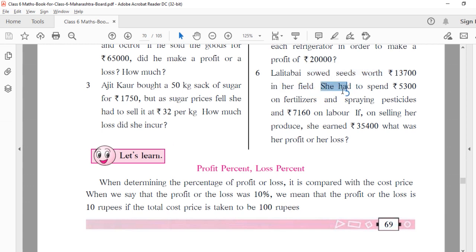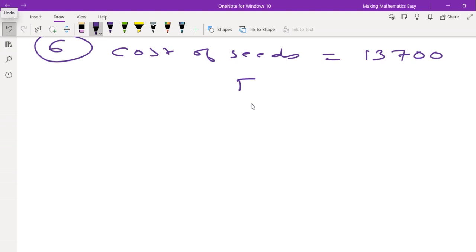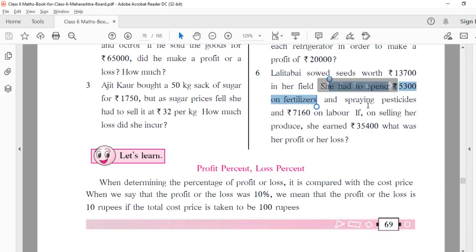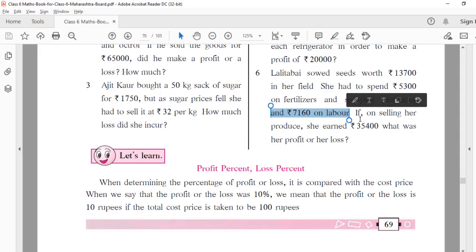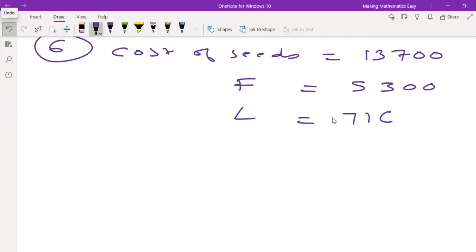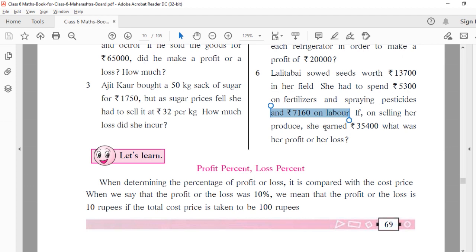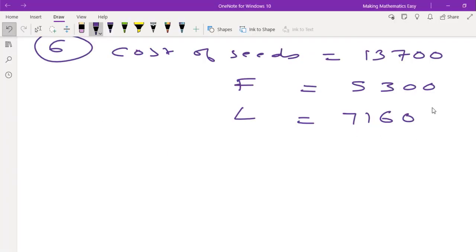She had to spend 5,300 on fertilizer and spraying pesticides, and 7,000 on labor. She had to employ some people to work on the field, so she had to pay them 7,000 rupees. If on selling her produce she earned 35,400, what was her profit or loss?